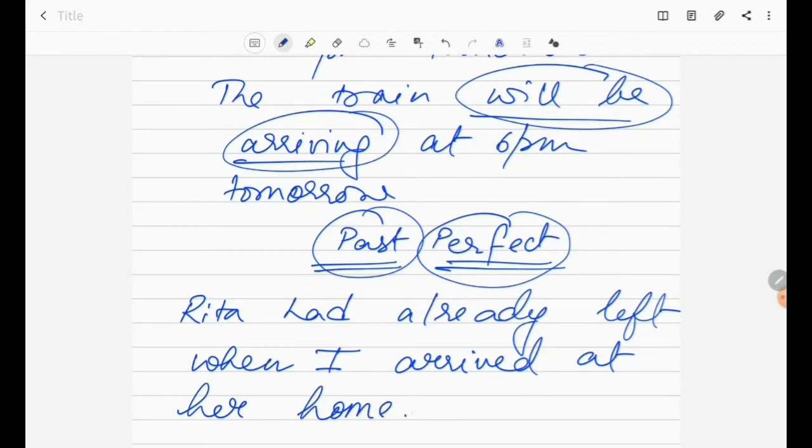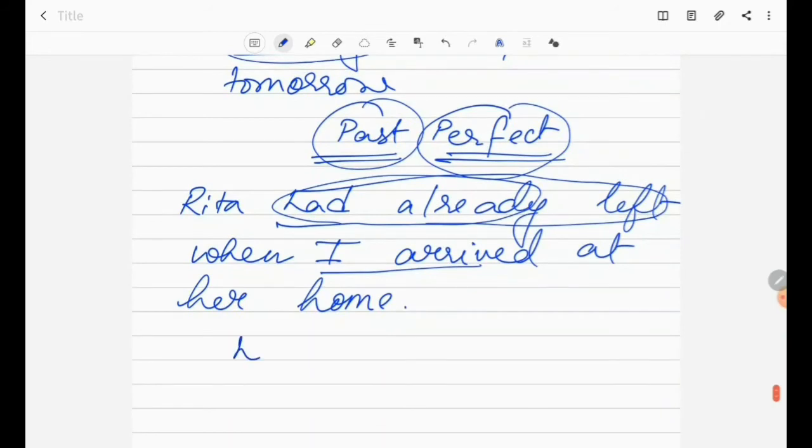So in this sentence you can see that in both these actions, what is the action which has happened before another action or earlier than another action, that is had already left. So here had already left is the past perfect.